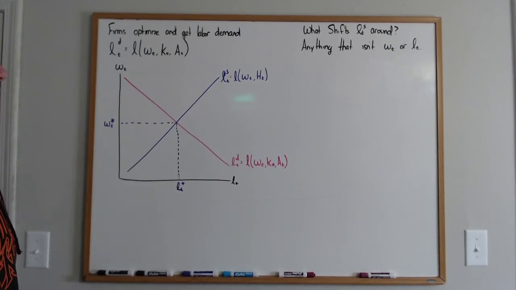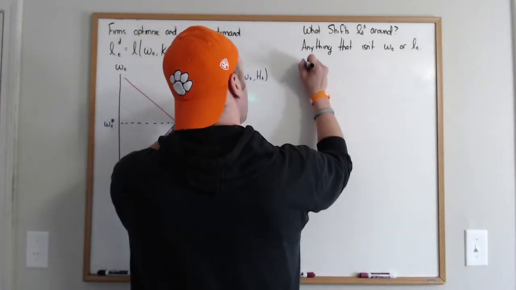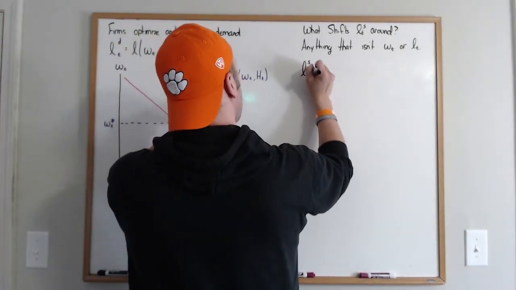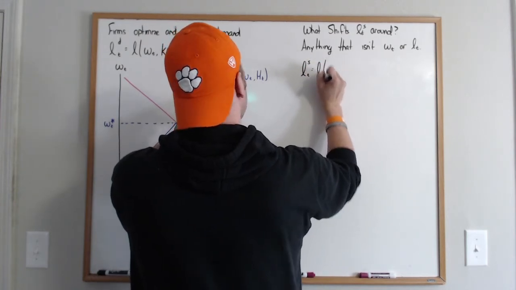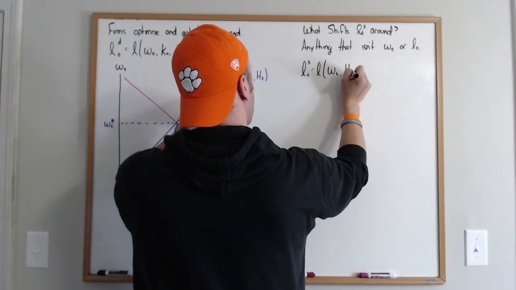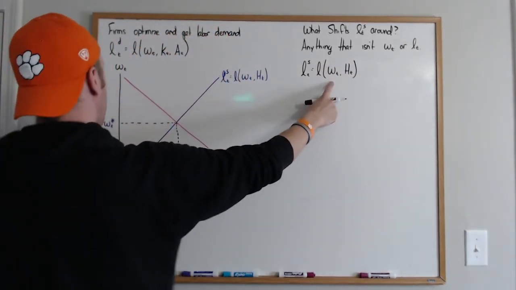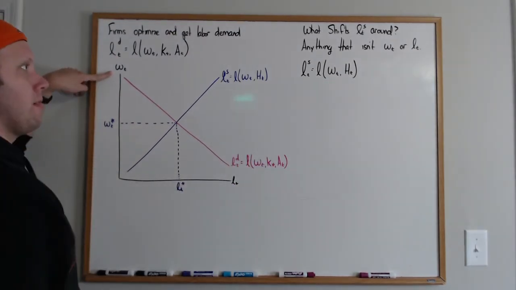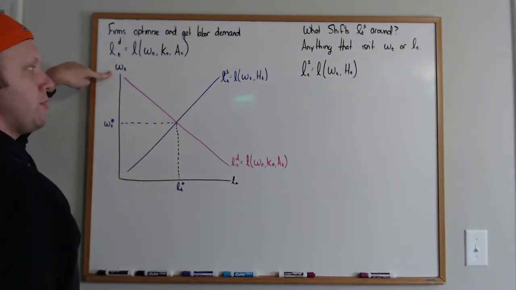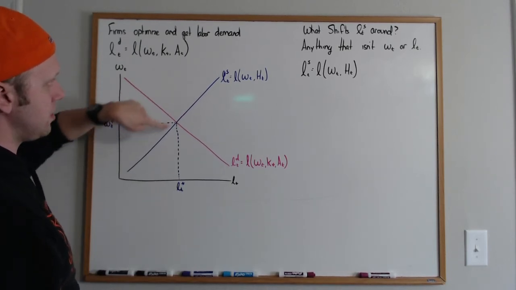Okay, so what do I mean by that? Well, if we look at labor supply, it is a function of L, the real wage rate, and then HT. Well, if the wage rate changes, right, wage rate is on the graph, which means if we change the wage rate, you're just going to move to a new point somewhere along this labor supply curve.